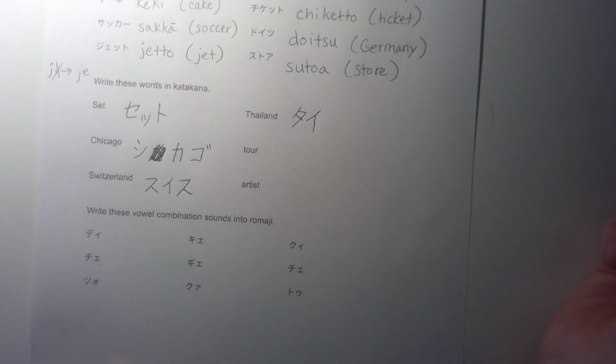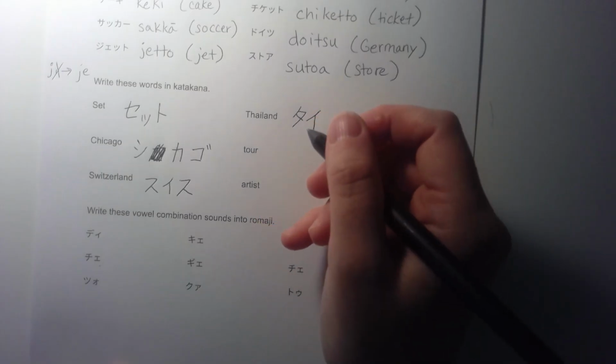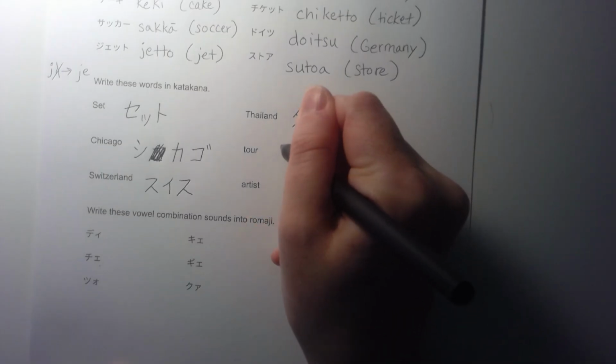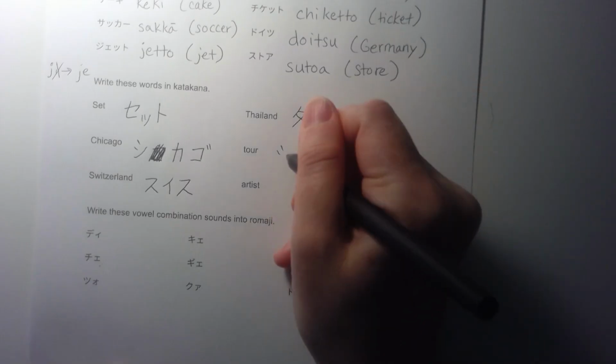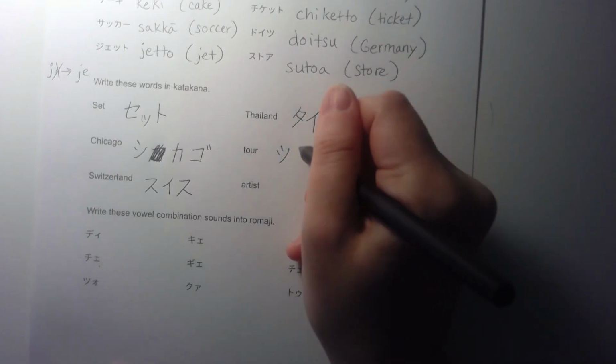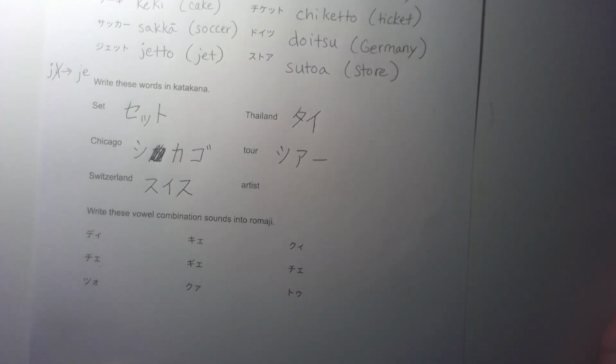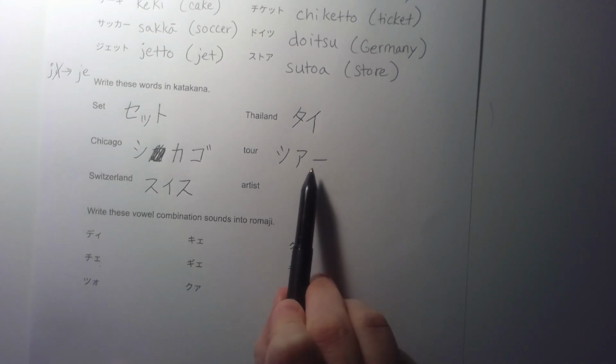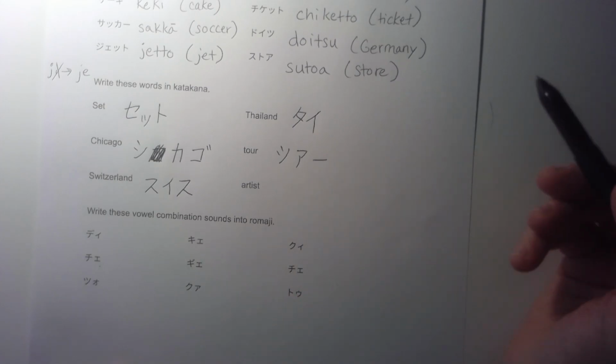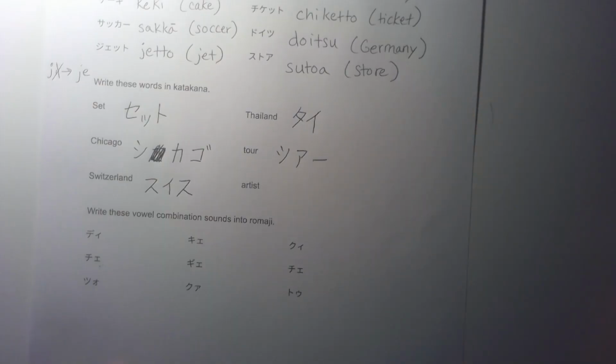Okay, tour would be tuaa. So we need to write a tsu, and the line goes down. And we have a small a, and make, I think this is called a chouon symbol. It means to stretch it out.